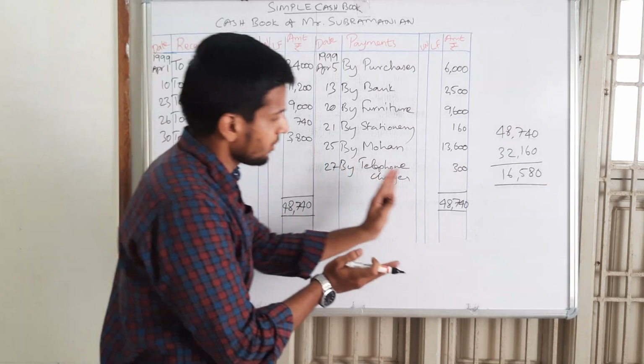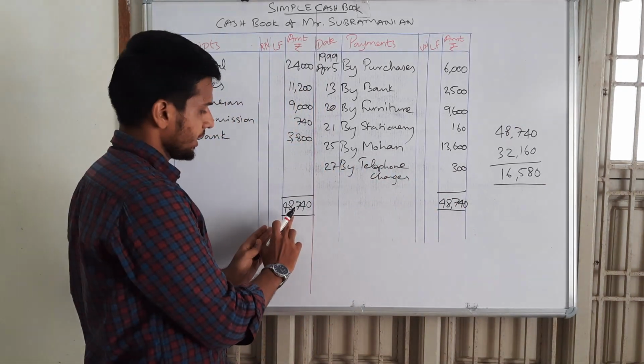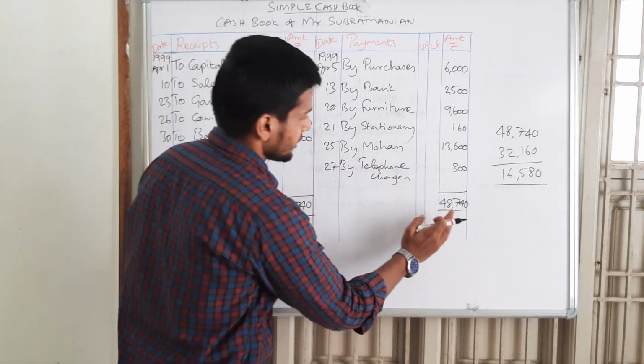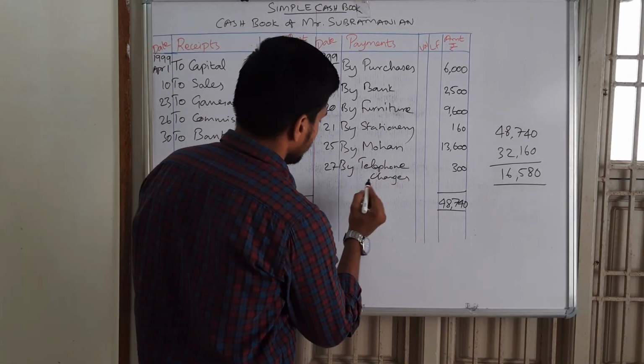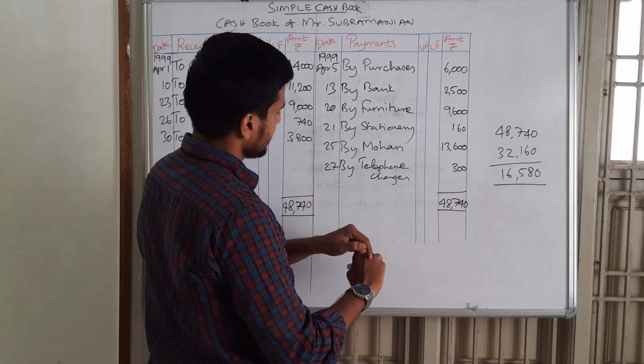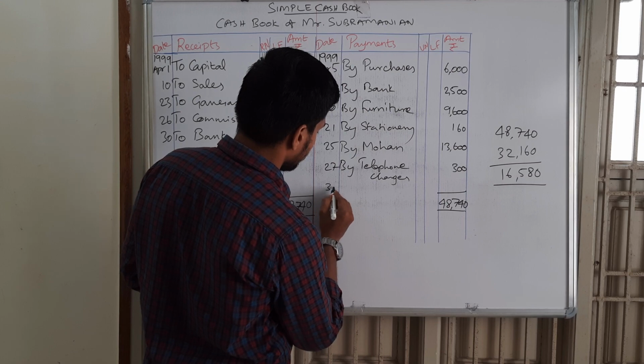It must be written on both sides, okay. So the greater total of the debit side, 48,740, is written on both sides, and the final date is April 30.